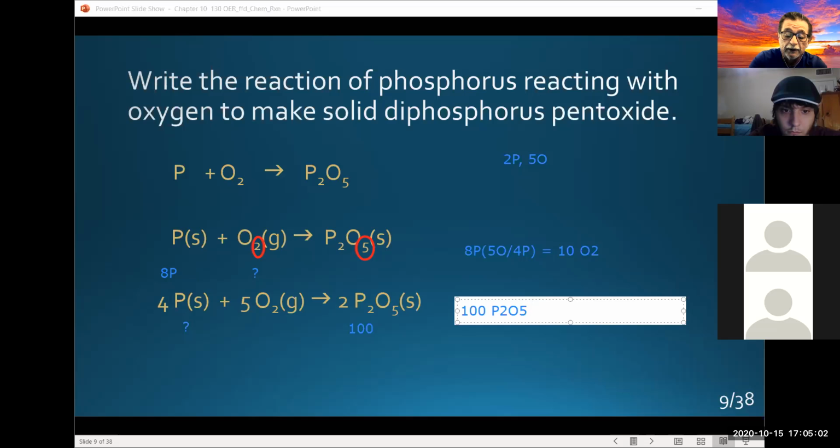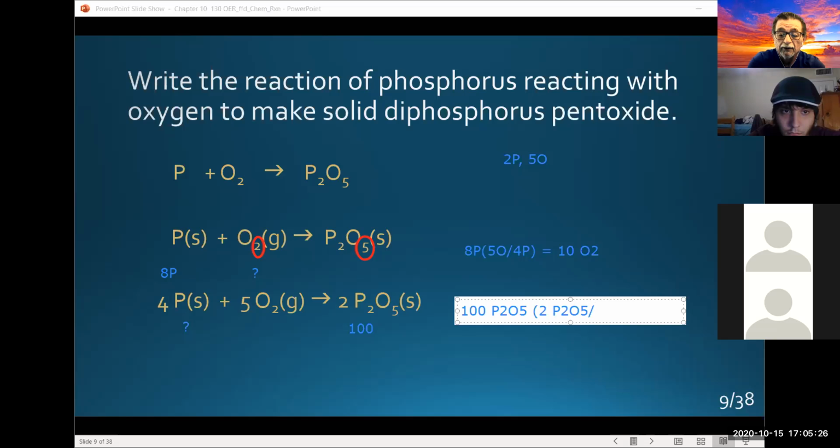That's what I'm given. Now I need to know how much phosphorus I need, but what is my ratio of P2O5 to phosphorus from the balanced chemical equation?